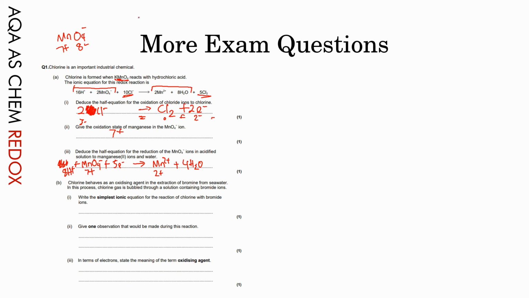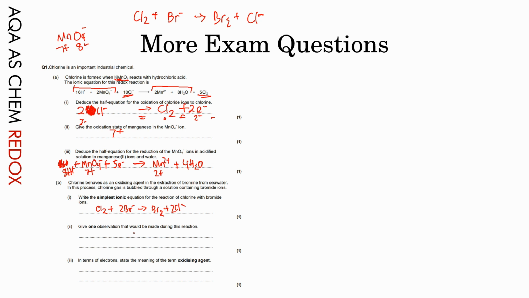So we get from Cl2 plus some amount of Br minus to Br2 plus Cl minus, because it behaves as an oxidizing agent, so it gets reduced. So I will deduce that Cl2 plus 2 Br minus makes bromine plus 2 Cl minus.